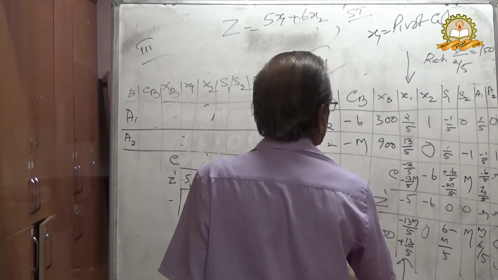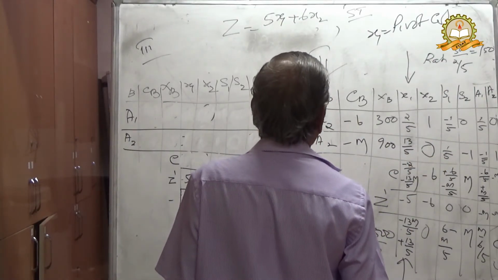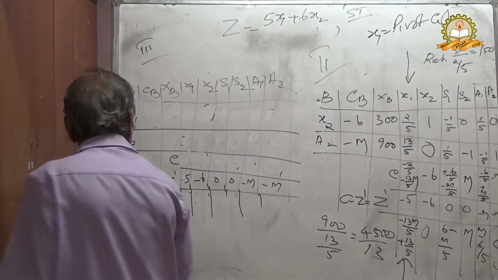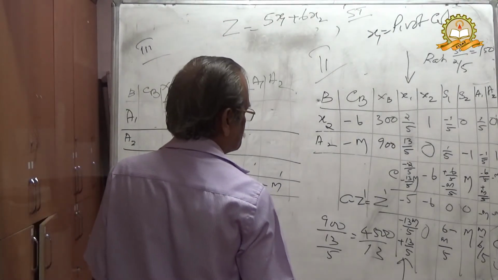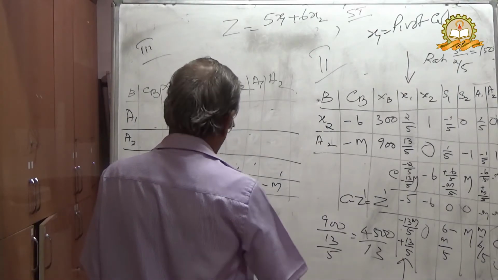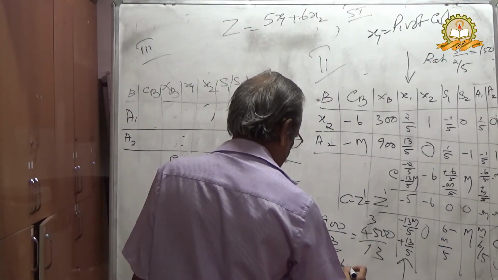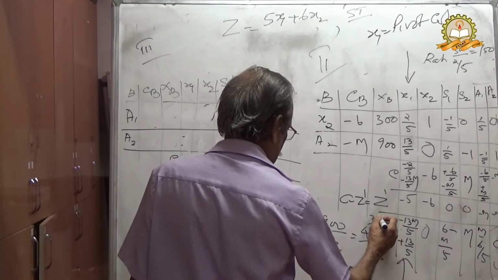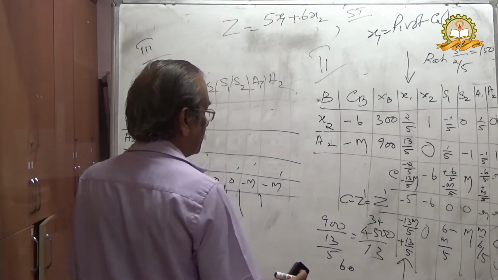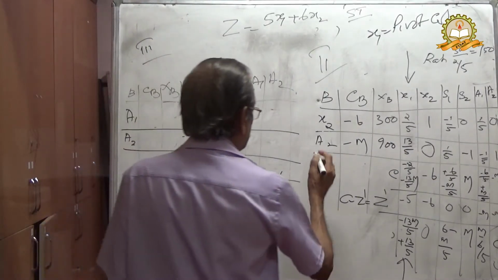Therefore, comparing 750 and 4500 by 13, row number 2, namely A2, becomes the pivot row.